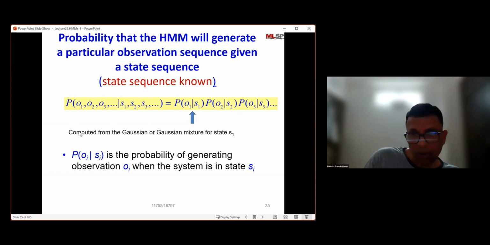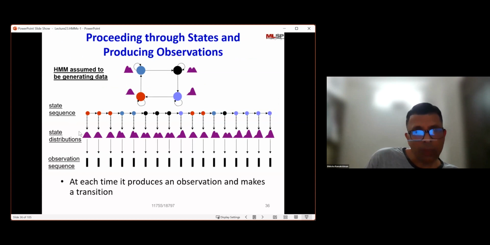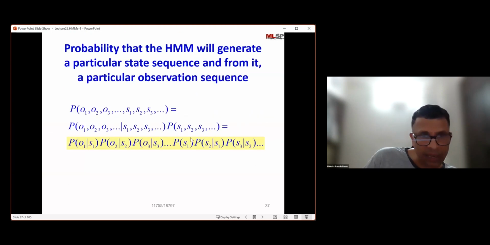And so, what is the probability that this process will go through a specific state sequence and generate the specific observation sequence? That's easy enough. It's the joint probability of the observation sequence and the state sequence.